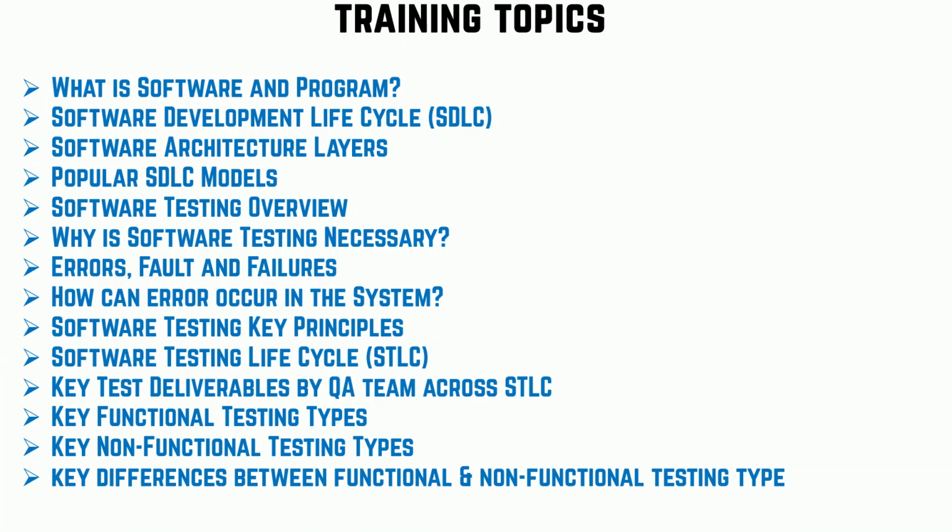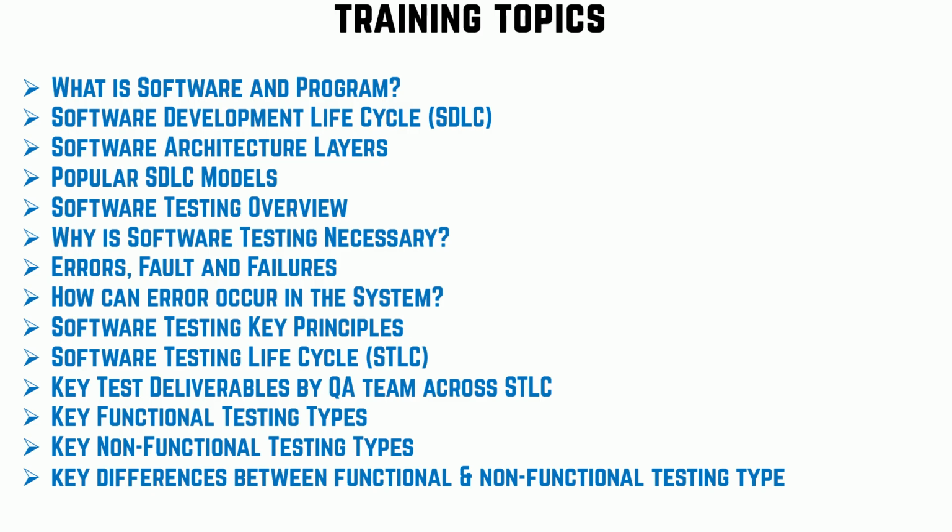So in today's session, I'll cover a couple of important topics from software testing, like what is software and program, software development lifecycle or SDLC, software architecture layers, key importance, popular SDLC models available in the market, software testing overview, and why software testing is necessary in the real-time world.